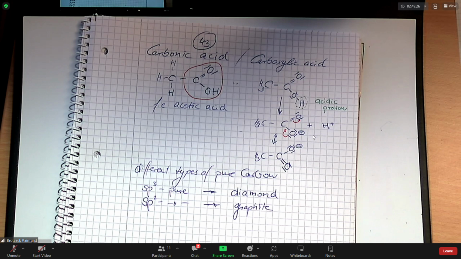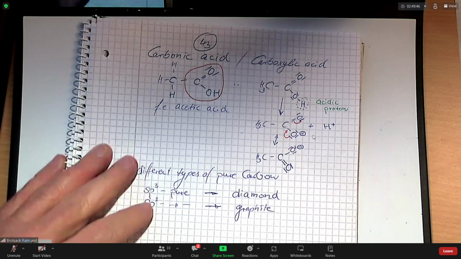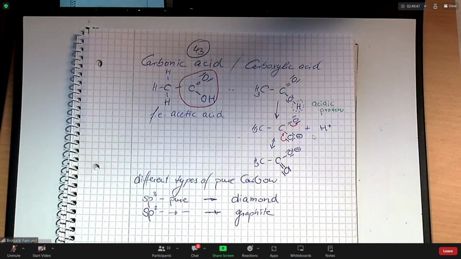I've searched this on the net, and the carbonic acid has an OH on each side of the carbon. For example, instead of CH3, there will be OH alone. So, yeah, that is the carbonic acid. Then you are right. To write it down, it's carbon dioxide in water.